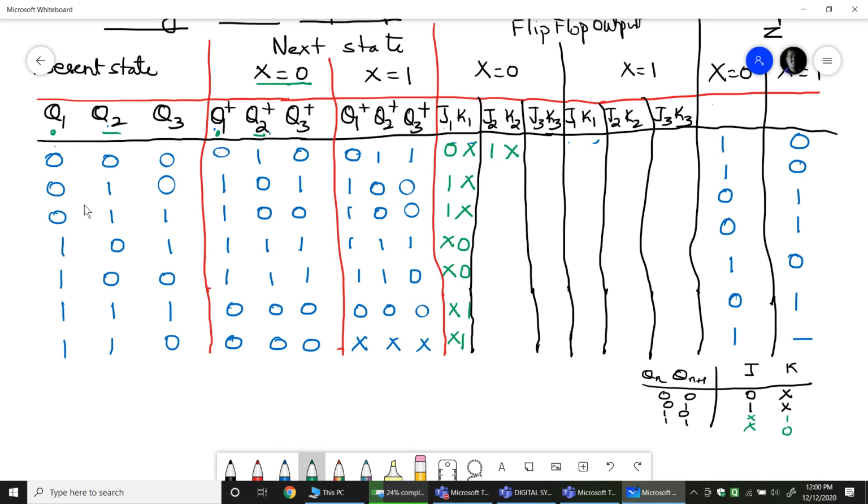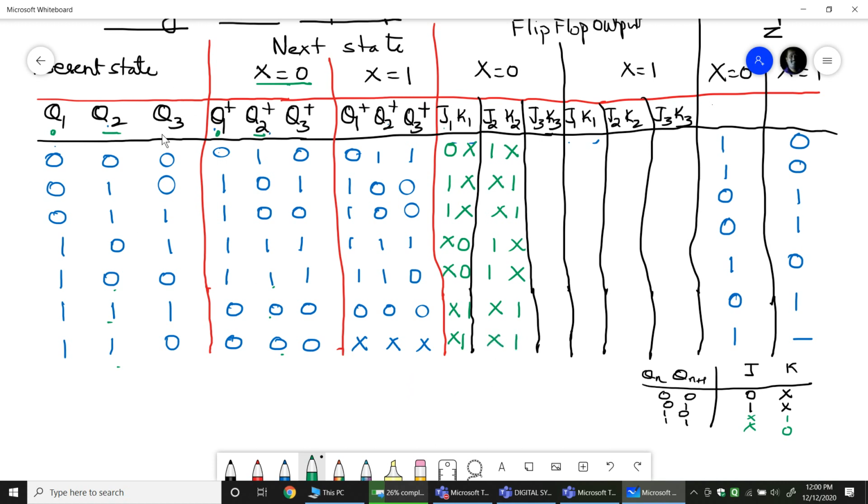So 1 0 it is x1, 1 0 x1, 0 1 1x, 0 1 1x, 1 0 x1, 1 0 x1.